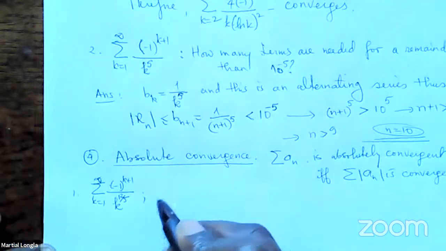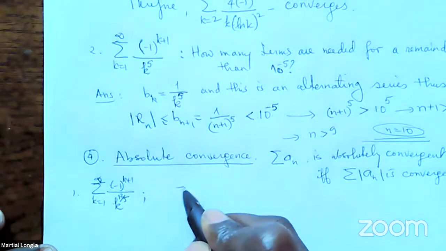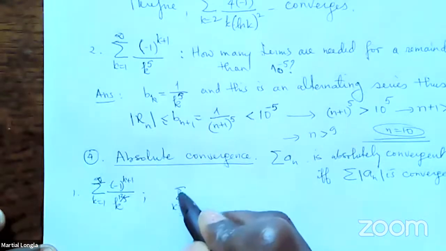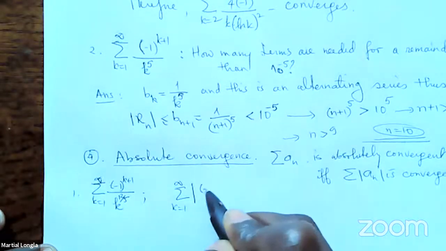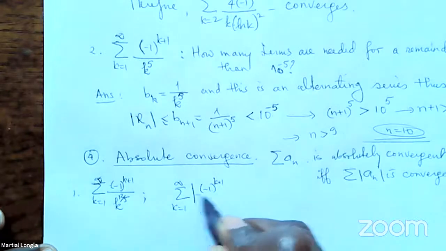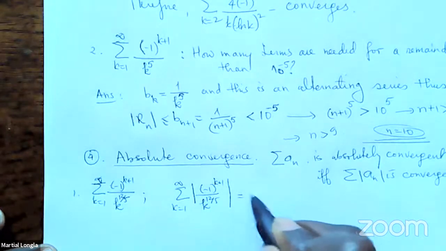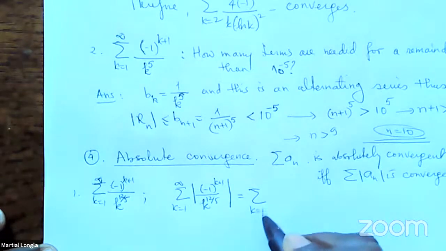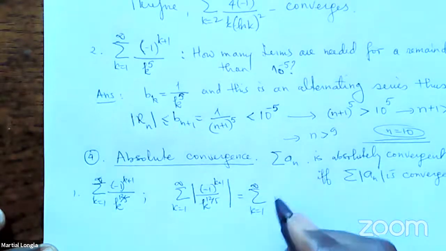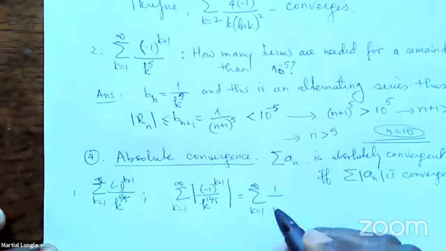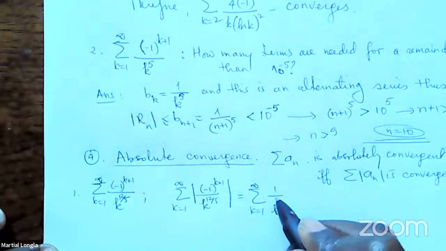So we go ahead and say sum, k from 1 to infinity, of the absolute value of negative 1 to the k plus 1 over k to the 12/5. The absolute value of negative 1 to the k plus 1 is 1. So that's 1 over k to the 12/5.